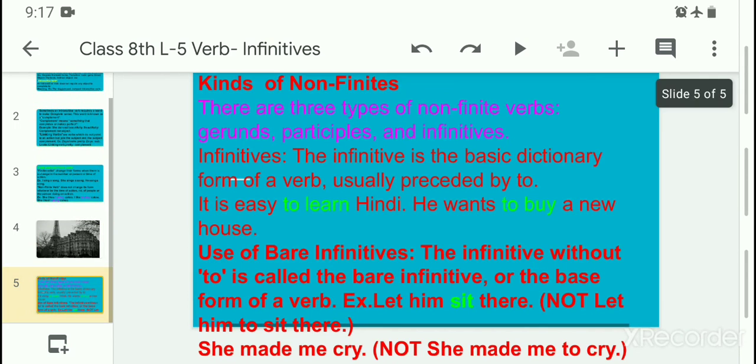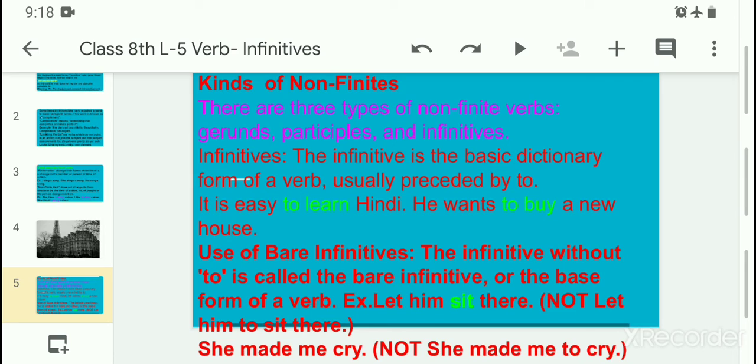Next topic is kinds of non-finite verbs. There are three kinds of non-finite verbs: gerunds, participles and infinitives, right? So gerund and participle, both we will discuss in the next chapter, that is the 6th chapter of your book, okay?